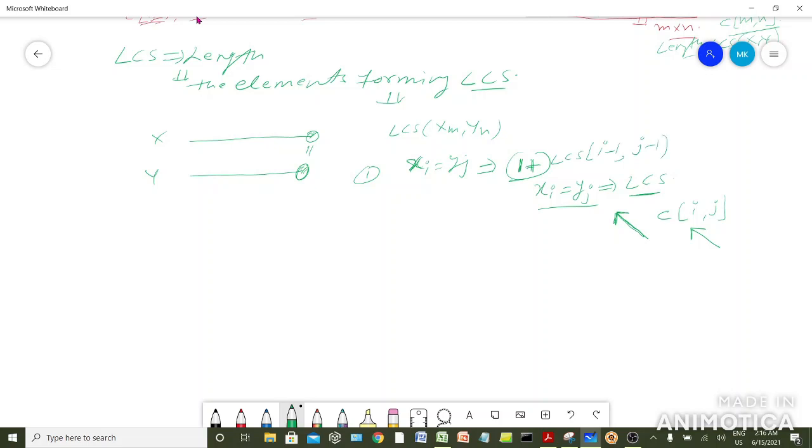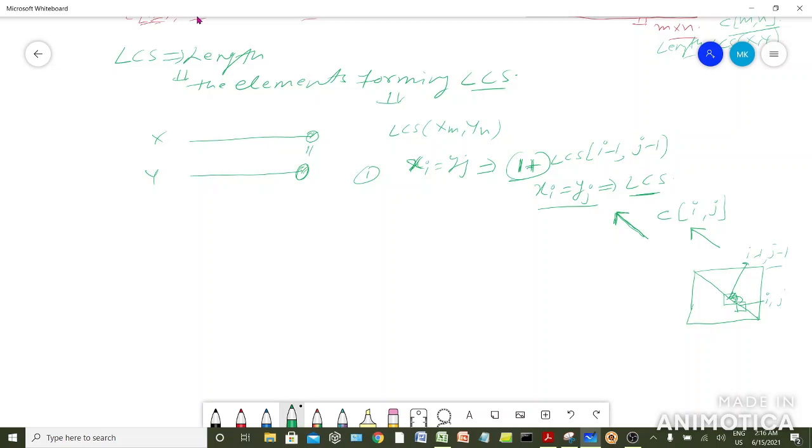If this is a matrix and we need to move diagonally, then from this position the next diagonal one is reached. If this is i and j, then the next one is i minus 1 and j minus 1. This is the reason we put a diagonal arrow in this.